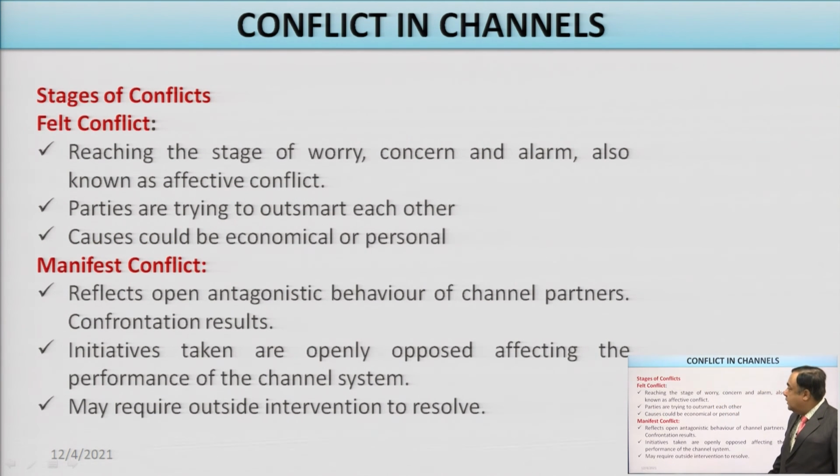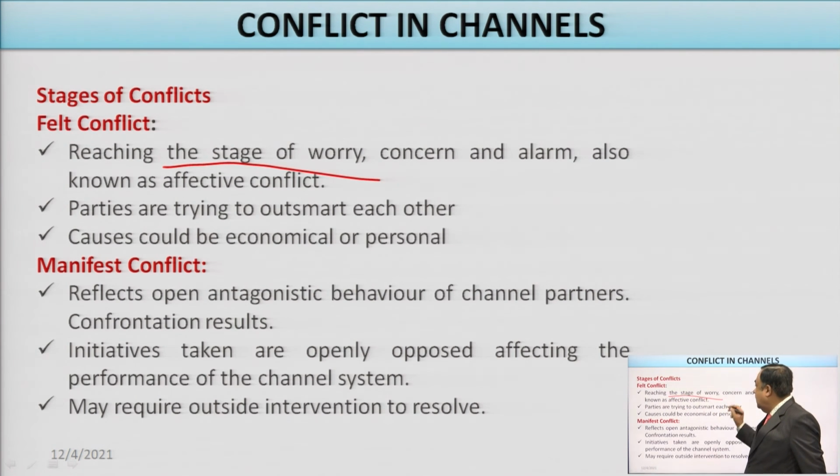Next is the felt conflict. This is the stage of worry and concern, because the parties are trying to outsmart others, trying to overcome the other. The cause could be economic, the cause could be personal. And the next stage is manifest conflict, one which is openly seen, reflecting antagonistic behavior of the channel members.